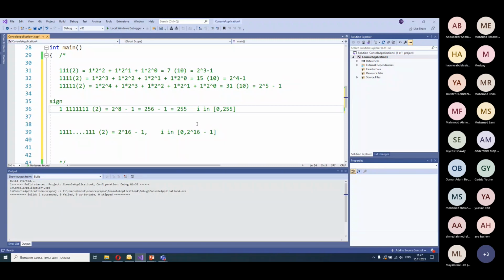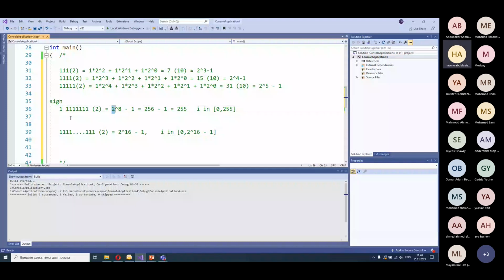The idea is very simple. But in this case, how many cells for the number do we have? We have 8 minus 1 cells, because 1 cell we take for the sign.